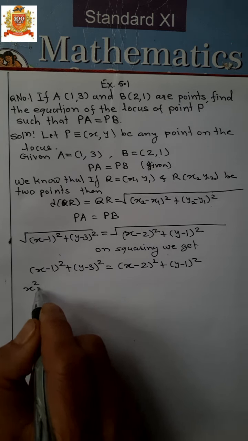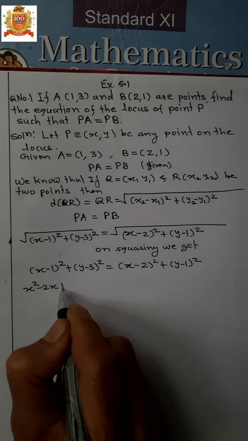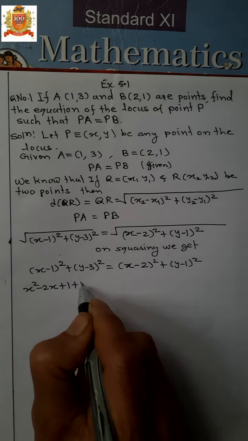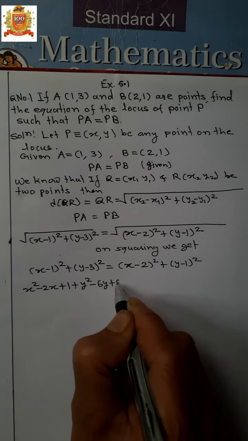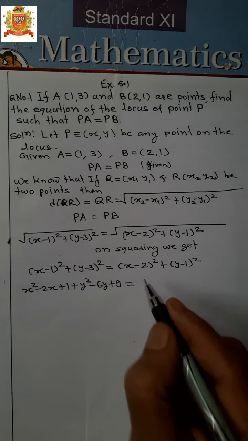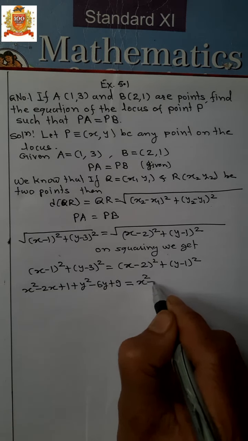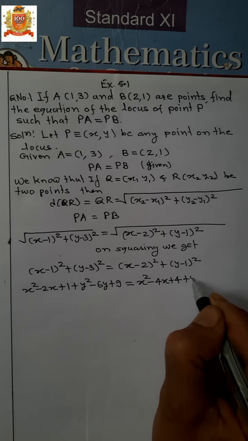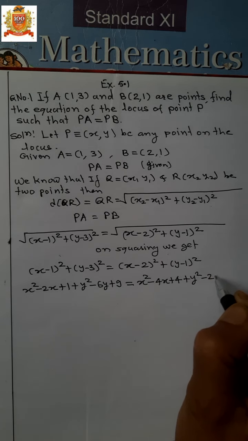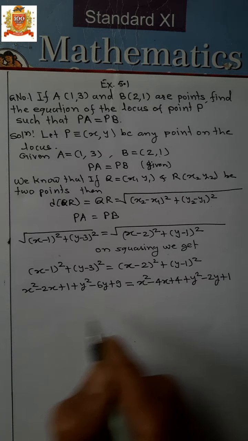Now do the squares. x square minus 2x plus 1 plus y square minus 6y plus 9 is equal to x square minus 4x plus 4 plus y square minus 2y plus 1.